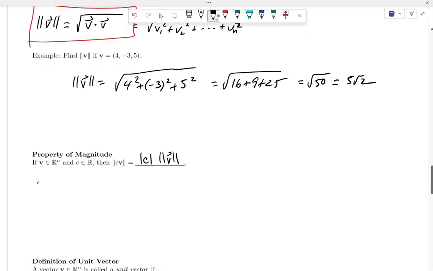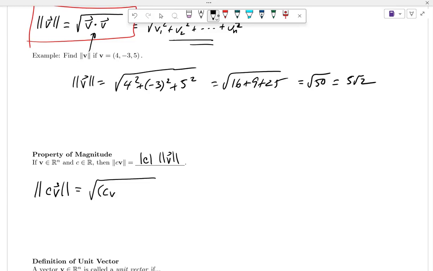So if I want the magnitude or the norm of that vector, according to the definition, I'm going to take the square root of what? I don't want to use this part. I literally just want to use that.